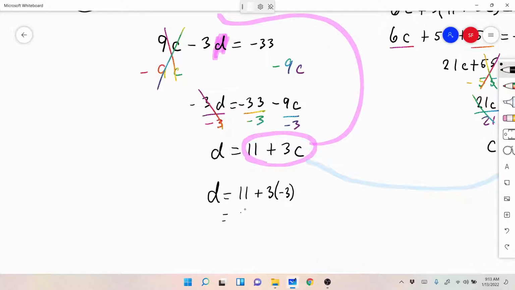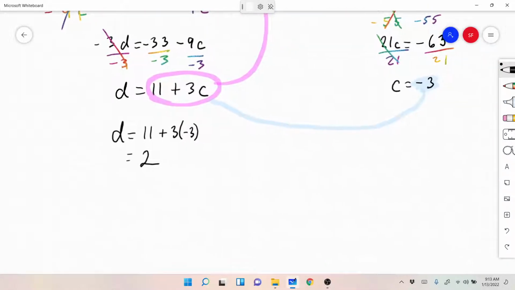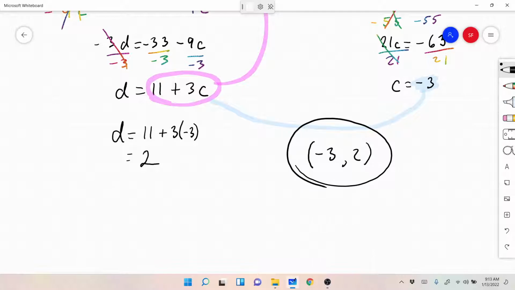Negative 9 plus 11 is 2. So our final answer as an ordered pair, assuming C is X and D is Y, is negative 3, 2. Wait. Why is it 2? Okay, I see what it is now.